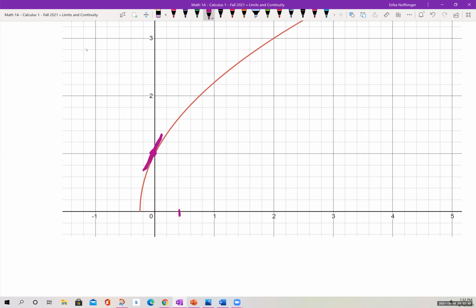So instead, if I chose it to be out here and drew the line between these two points, that's a lot more accurate than when I did it between those two points. And as I come in closer and closer, as the distance between the x values gets smaller, the more accurate I'm going to get.